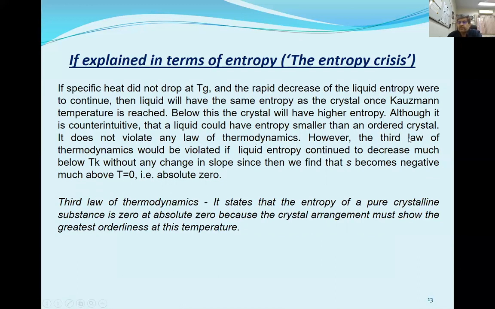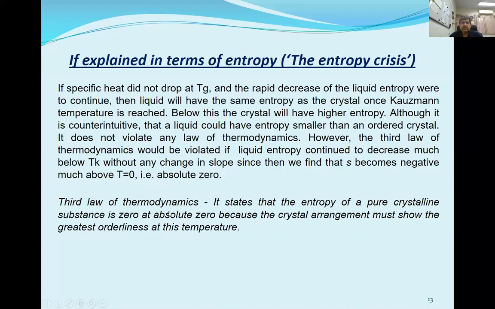However, the third law of thermodynamics would be violated if liquid entropy continued to decrease much below the Kauzmann temperature without any change in the slope. Since then we find that entropy, that is S, becomes negative much above T equal to 0, that is absolute 0.